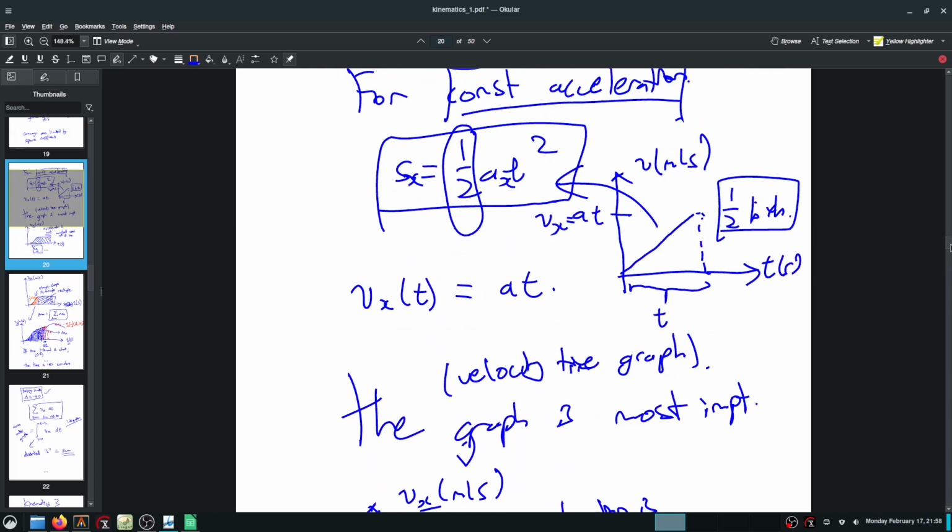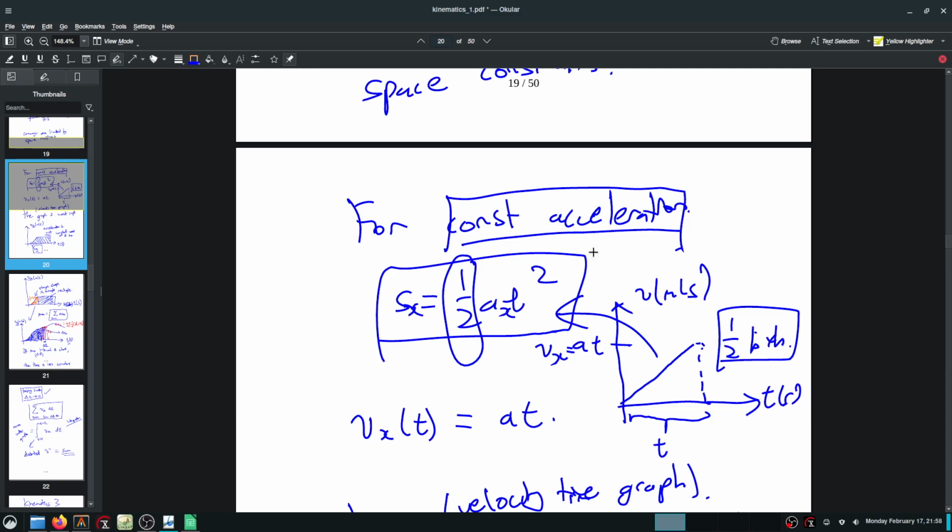Now let me give you another very simple example, because the last time I talked about using area under the graph, I talked about when the plane is going to take off, it needs to hit some threshold speed, and how you can estimate the length of the runway, assuming you have constant acceleration.